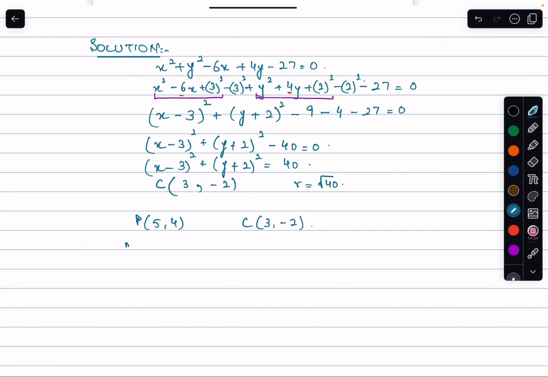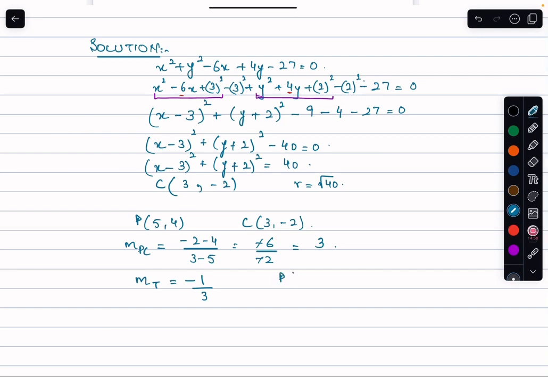I can get the gradient of PC, and I can say that the gradient is a minus 2 minus 4 divided by 3 minus 5, or it's a negative 6 divided by negative 2, or I can say that the gradient value is a positive 3, meaning the tangent which is perpendicular to PC shall be having the gradient as the negative inverse, which is a negative 1 by 3.